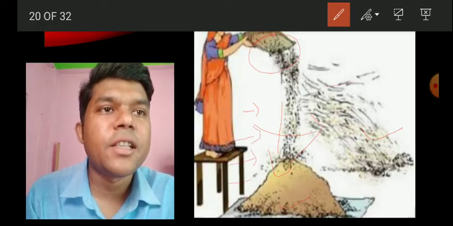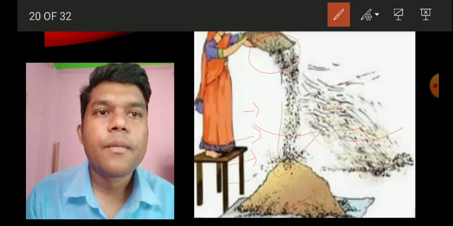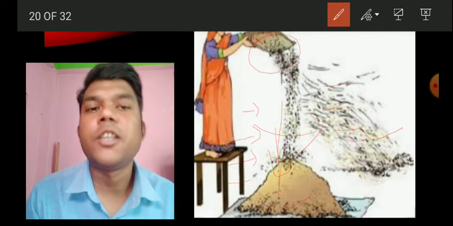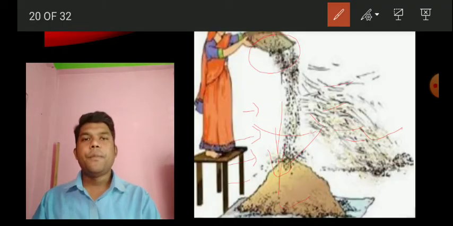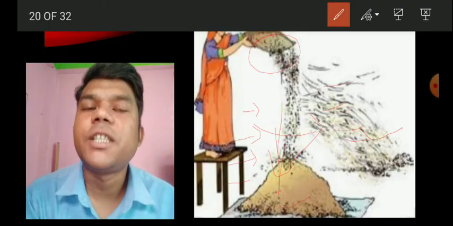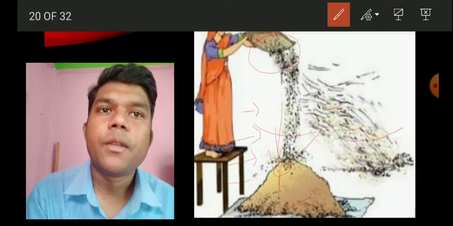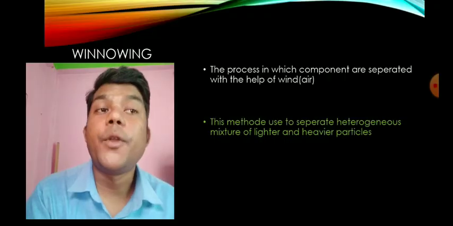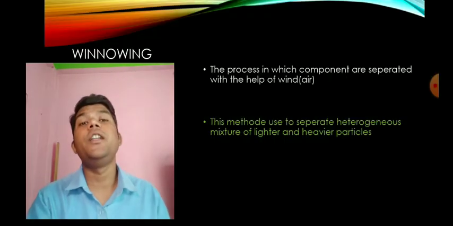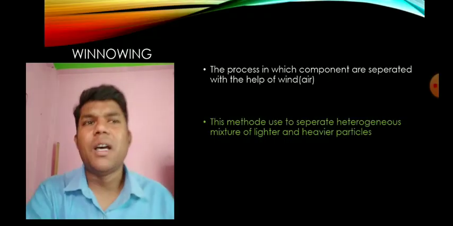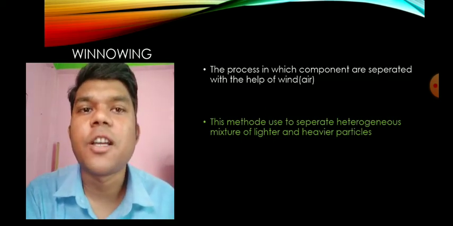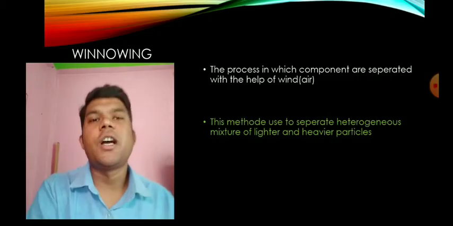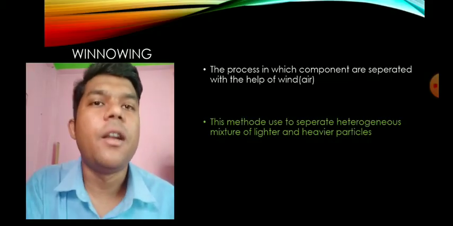The lighter particles fly away, and the heavier particles settle just below. In this way the components of the mixture are separated, and this process is called winnowing. So it is the process in which components are separated with the help of wind, that is air. Moving air, that is fast air, is called wind, so some speed should be there. I hope students you are understanding this.